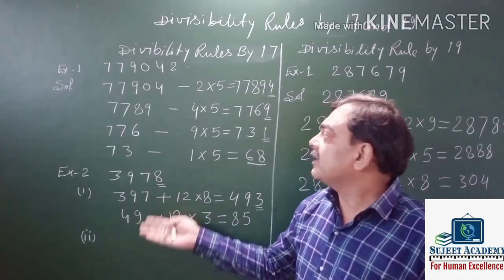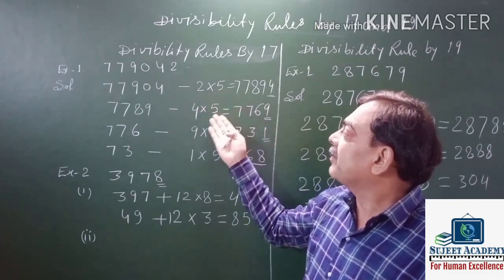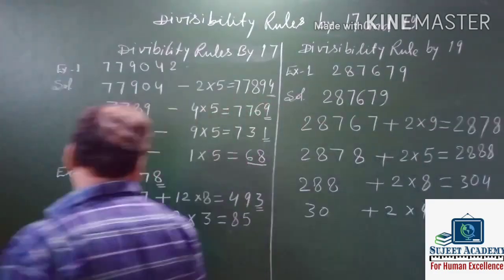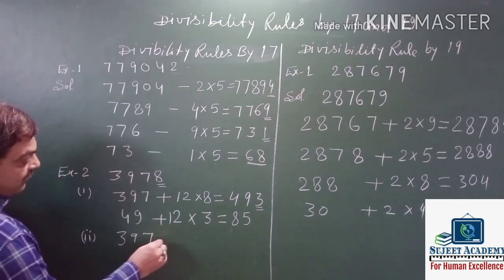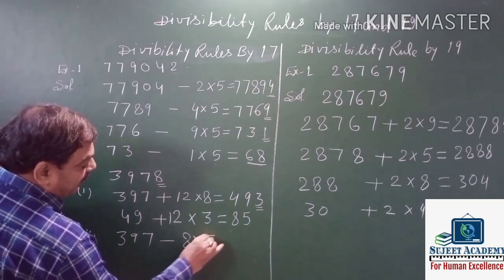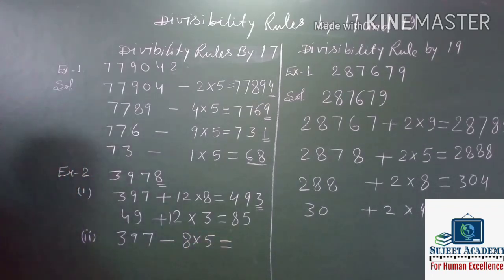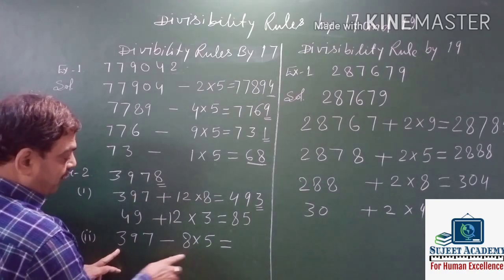We can practice it with the help of oscillator 5 also. Now see: 397 minus 8 times 5, this is 40.